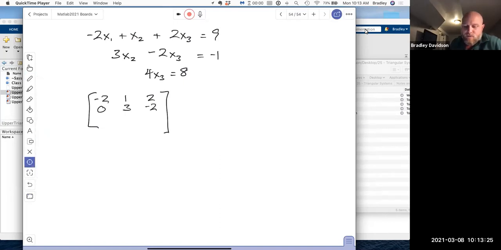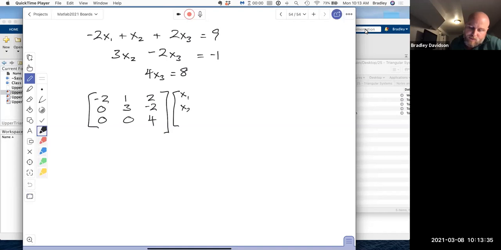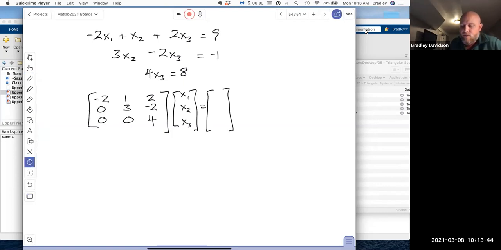And then our last row is 0, 0 for the coefficients of x1, x2, and then 4. Times x1, x2, x3. And then this is equal to, for our B matrix, 9, negative 1, and 8.